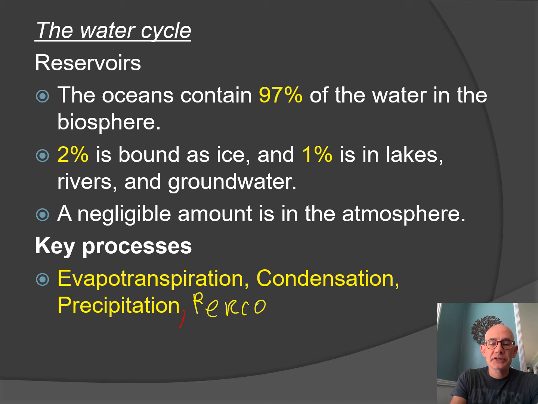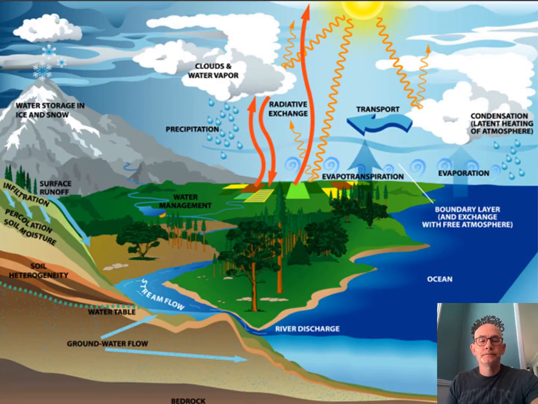And percolation is when the water hits the ground and trickles down through the soil and becomes groundwater. So these are your major processes going through, which you see all the time. You can look at that as much as you need to.